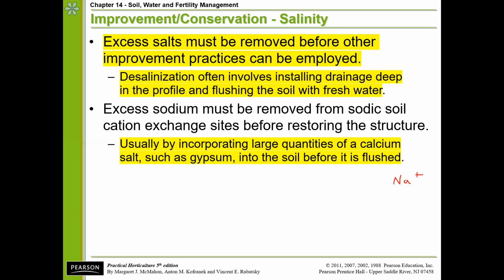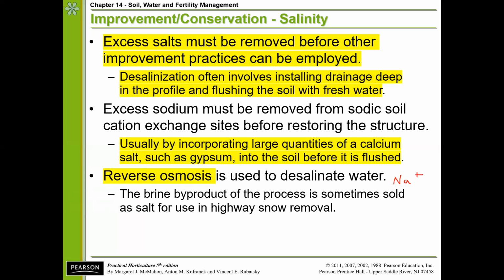Removing excess sodium can be done by incorporating large quantities of calcium salt, such as gypsum, into the soil before it is flushed. And basically what that does is it will add some anions to the solution, which attracts those sodium cations out. You can also do that through reverse osmosis.